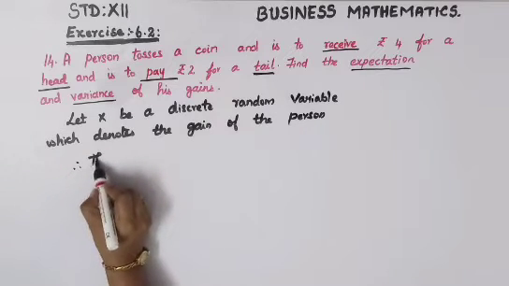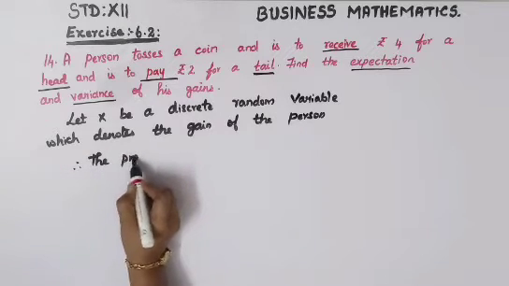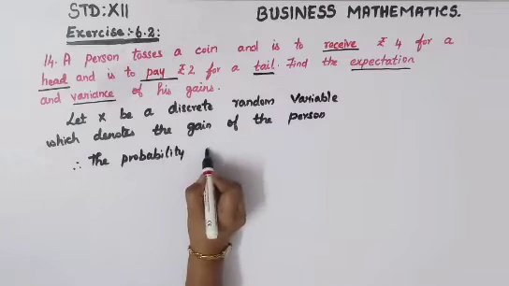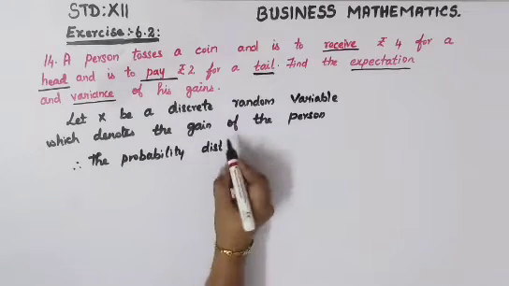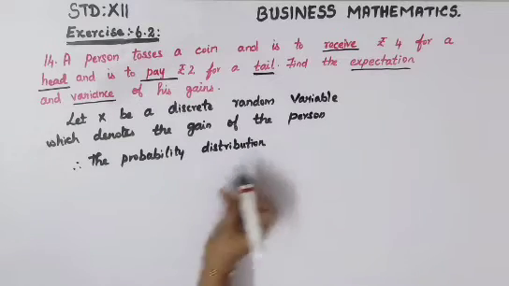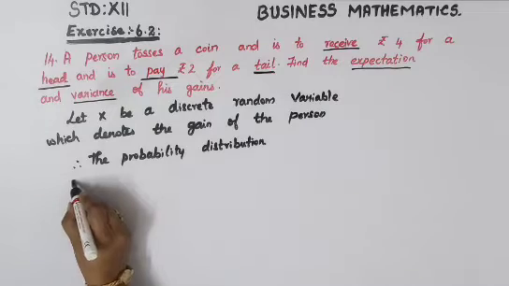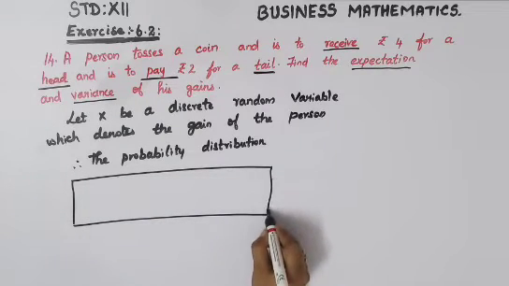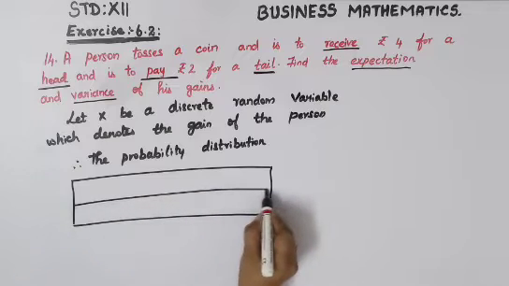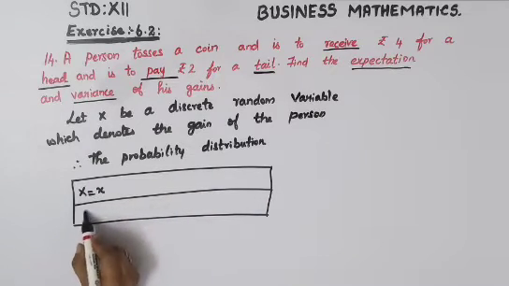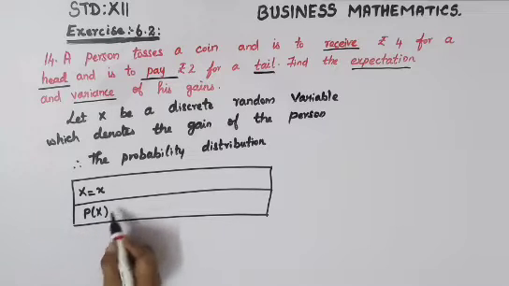The probability distribution is, so we'll just put it in a table. X is equal to x, P of capital X.